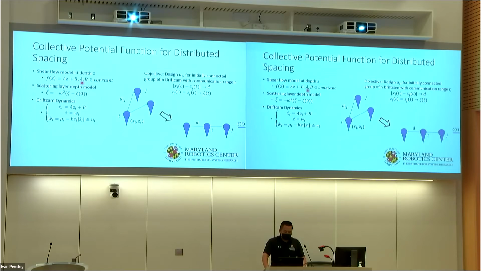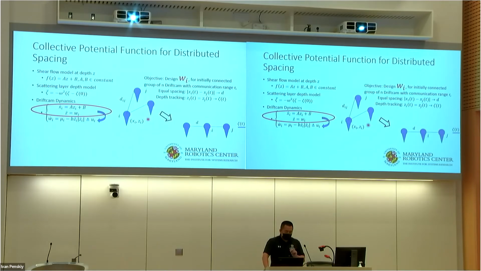For simplicity here, the flow field is modeled as a shear flow, and the depth dynamic of the scattering layer is considered as a harmonic oscillation. Both the DriftCam and the scattering layer bear the flow velocity in the horizontal direction. The control input hinges on the difference between drag force and the buoyancy, which can be tuned by changing the volume of the external bladder.